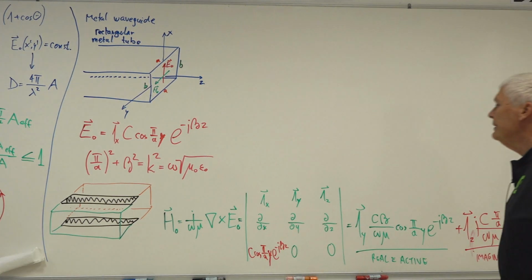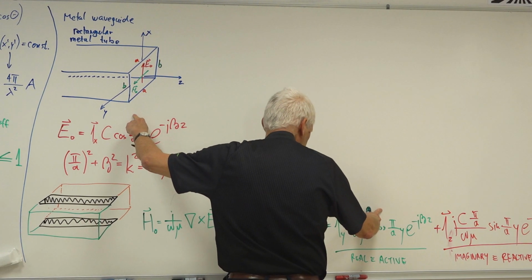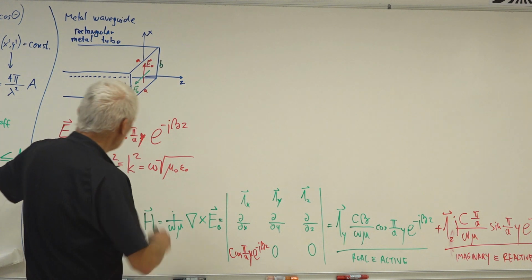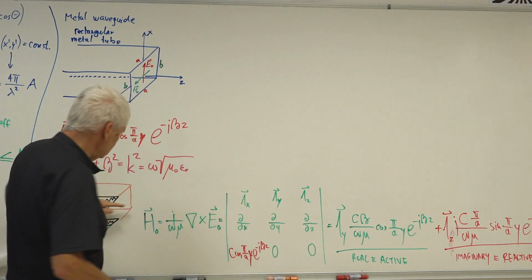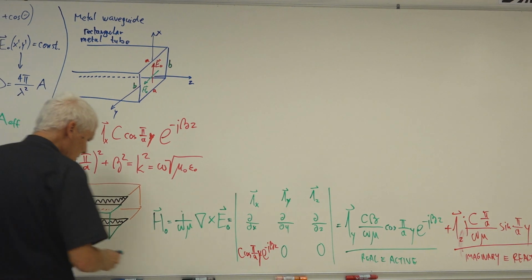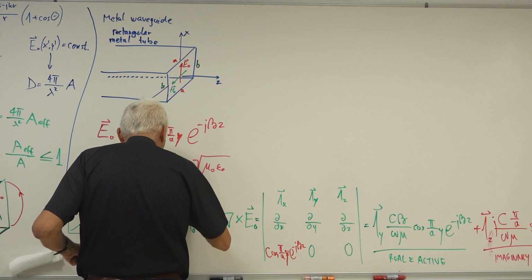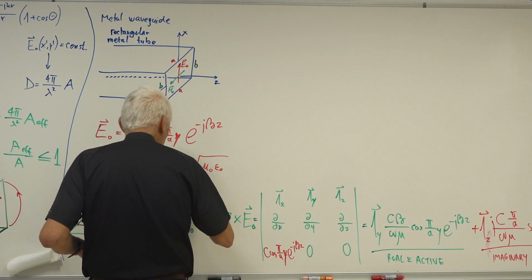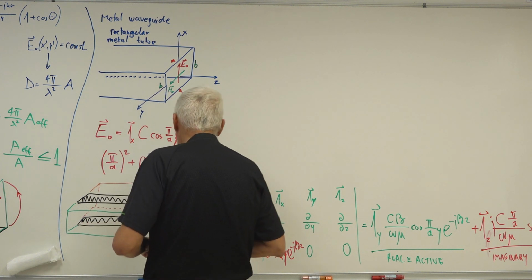Forgot this. So these two multiplied will give a real Poynting vector, a real power flow in the direction 1x times 1y is 1z. The real power will be in this direction, the real part of the Poynting vector, okay?